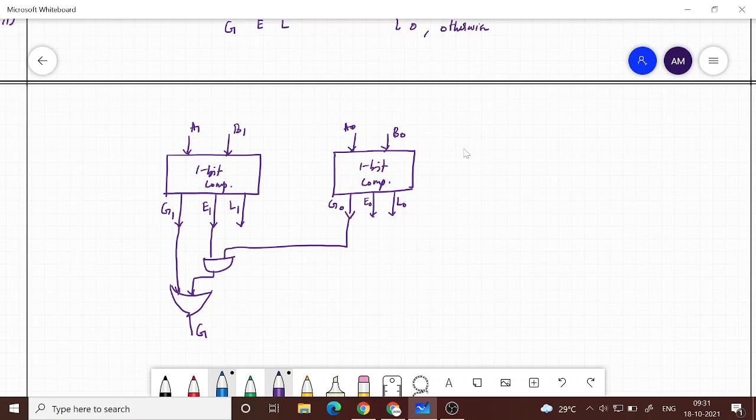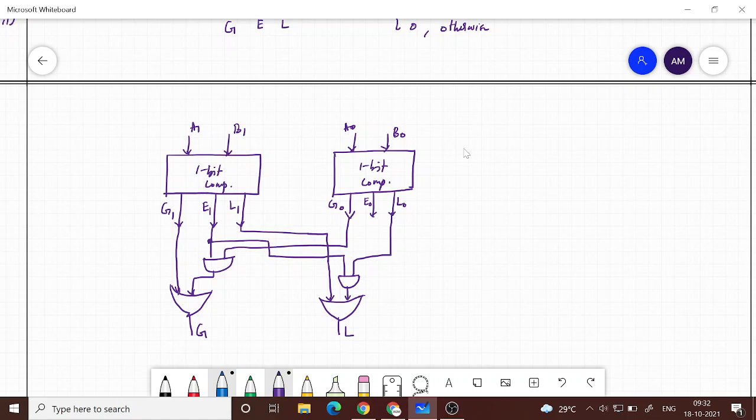Similarly, you can say if L1 is 1, A is less than B, or if E1 is 1 and then L0 is 1, if both of these are satisfied, then also you can say the number is less than.